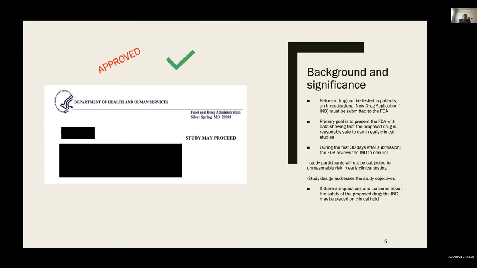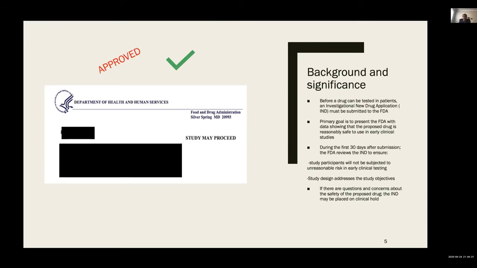So we talked about the initial decision that yes, if everything looks good, the FDA will approve and the study can proceed. If everything looks good, then the FDA issues what's called the study may proceed letter. Once that letter is received, the sponsor is good to go and can begin dosing the first study participant in the particular clinical trial.